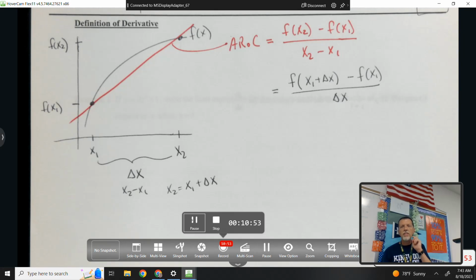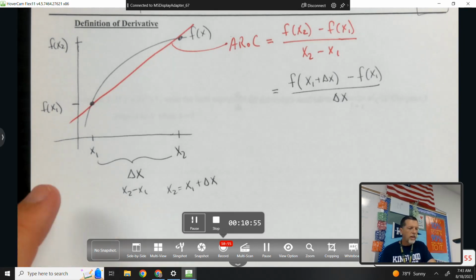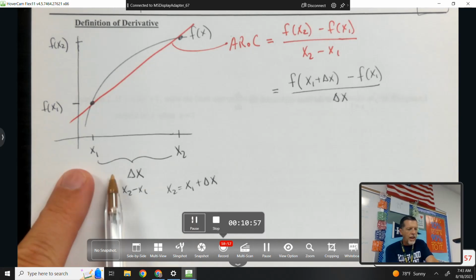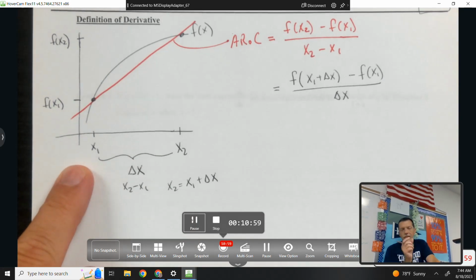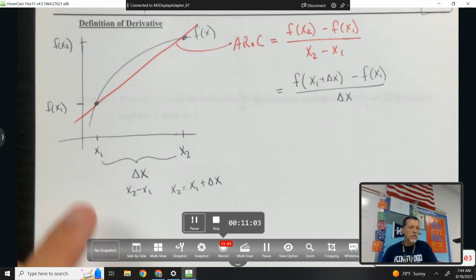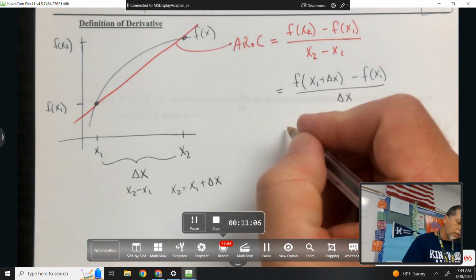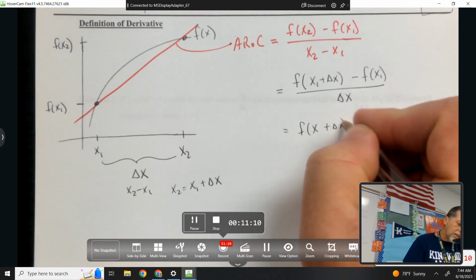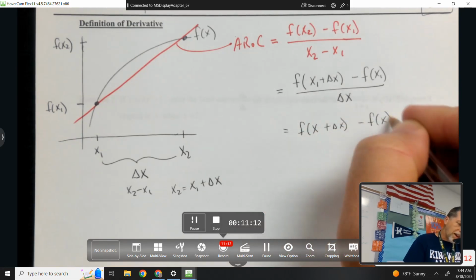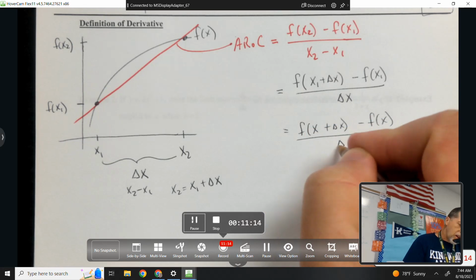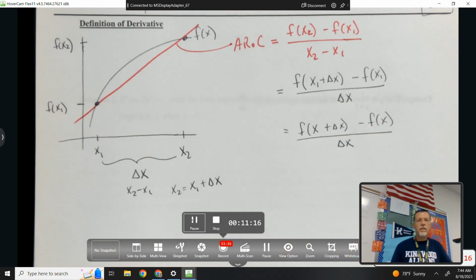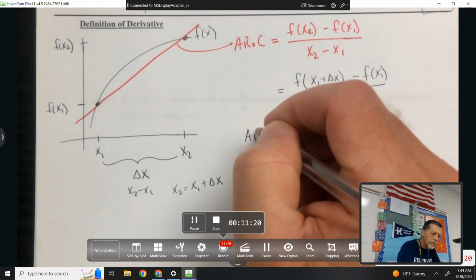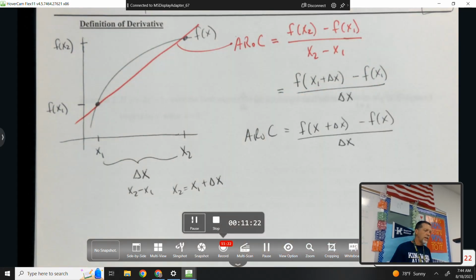So now everything's in terms of x1 and however wide our delta is, however big our step is. So you know what? Instead of calling it x1, let's just call it x. F of x plus delta x minus f of x all over delta x. I'll sort of rename some things just to make life easier for my next step.